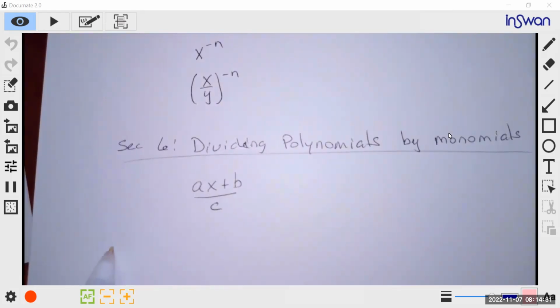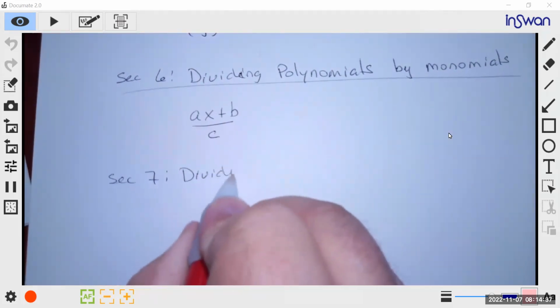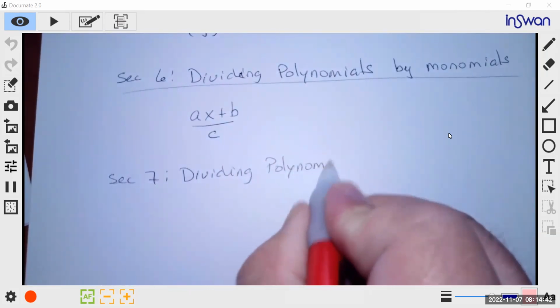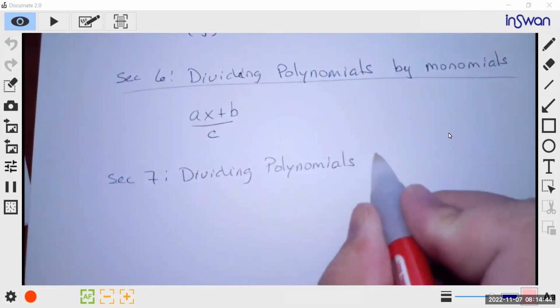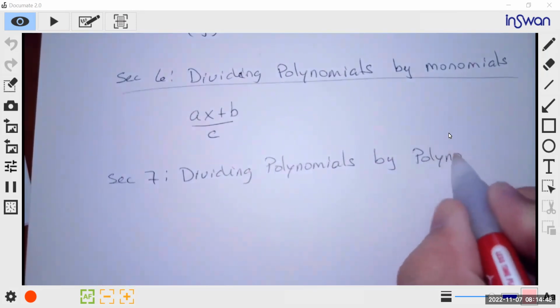Section 7 deals with dividing polynomials by polynomials.